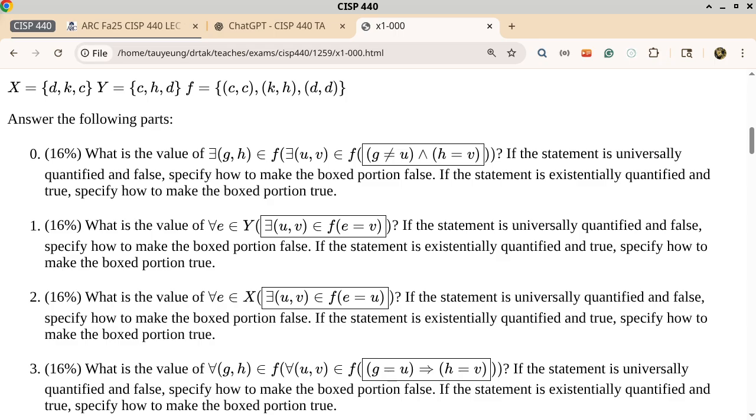g and u are both referring to the first part of the two-tuples. So we are basically looking at the element from the domain, okay? And then the other two are the second part of a two-tuple, so they are elements, or element in this case because it equals, on the codomain side.